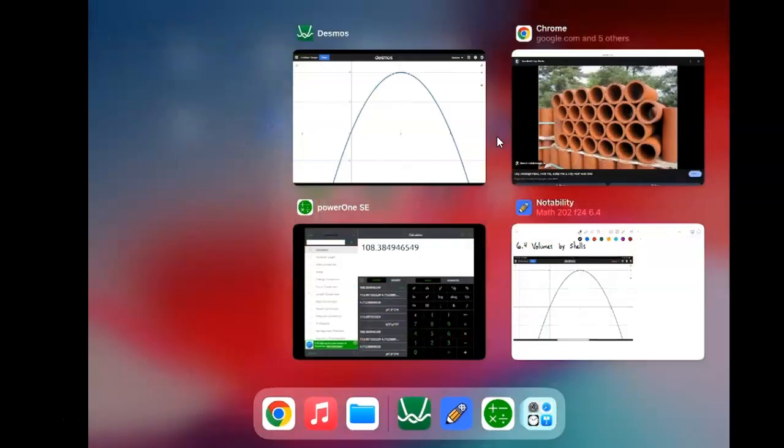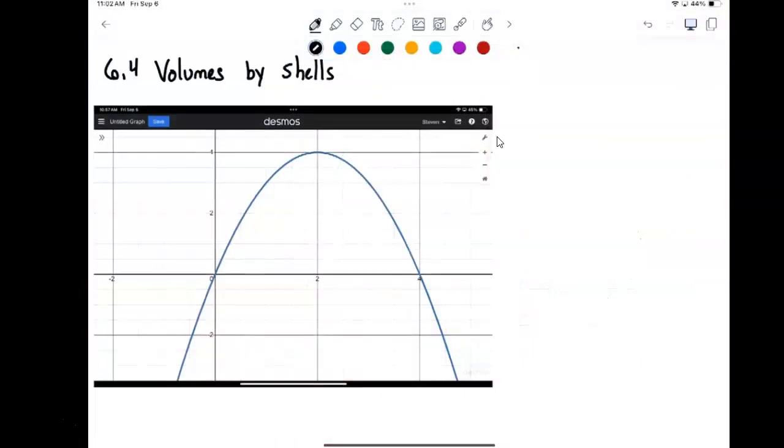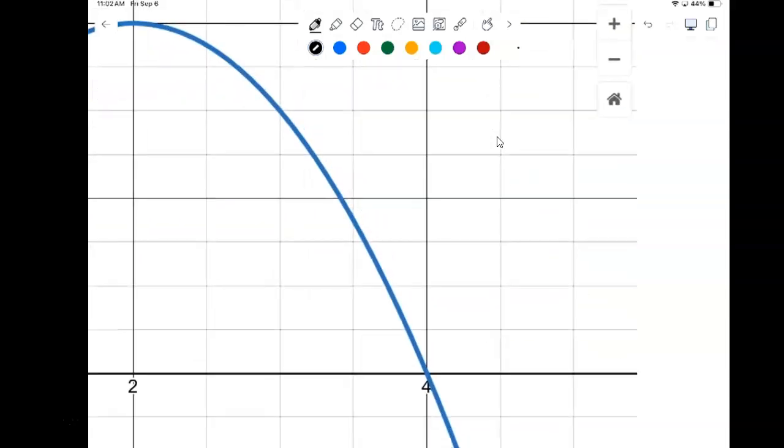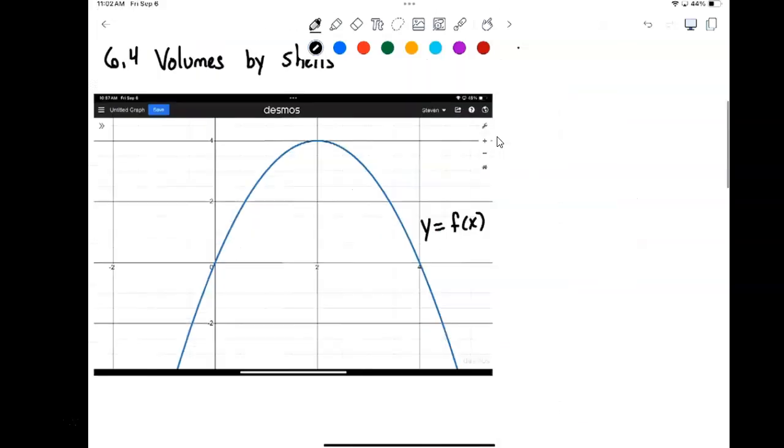Because if we come back to this problem here, I have this graph. My function's y equals f of x. All right, y is a function of x.